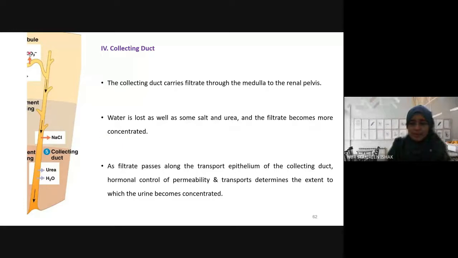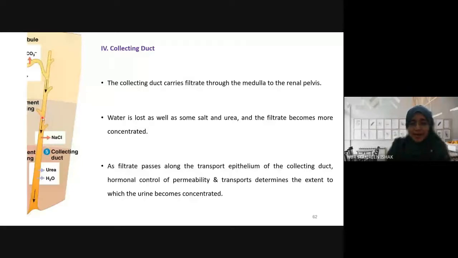Kat sini dia dah dilute tadi. Kan, dia dah dilute. Sebab kat region kat sini banyak salt keluar. So bila filtrate reach the distal tubule, dia dah jadi diluted. Tapi bila filtrate turun balik ke collecting ducts, because the transport epitheliums surrounding the collecting ducts here, they have many aquaporins.